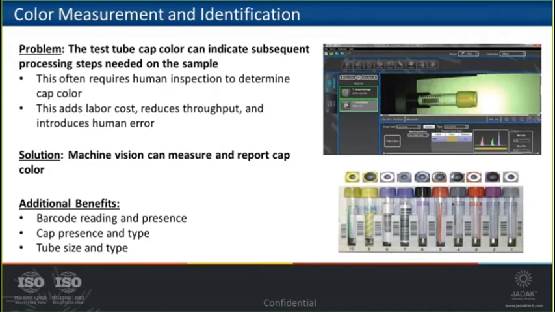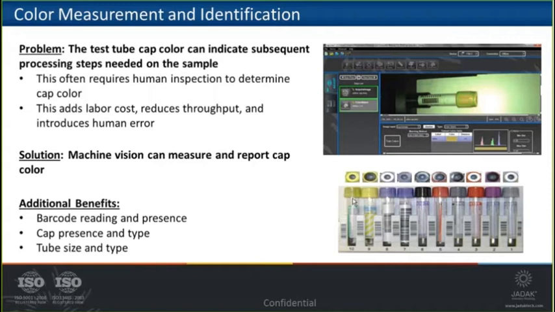So, color measurement. We had a question about color measurement previously, and again, with the test tubes, we often see a tube going through an automatic tube sortation system, where the color of the cap has some significance to how that tube needs to be processed in subsequent steps.